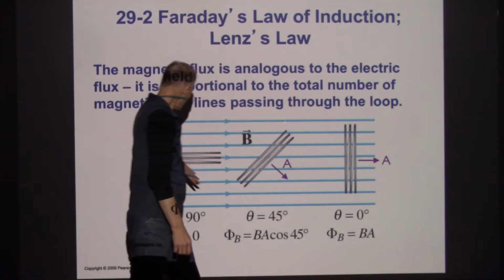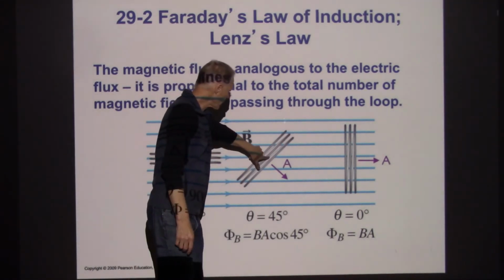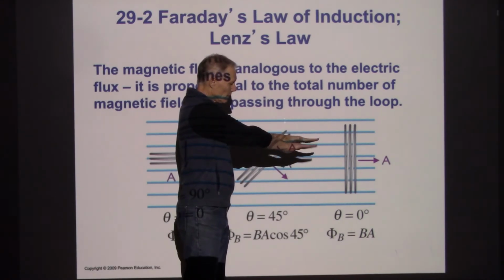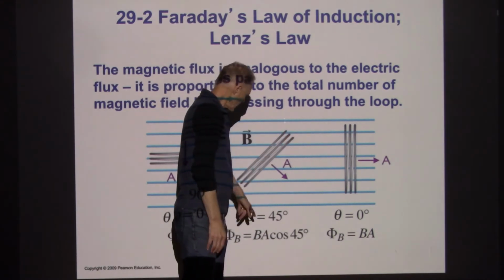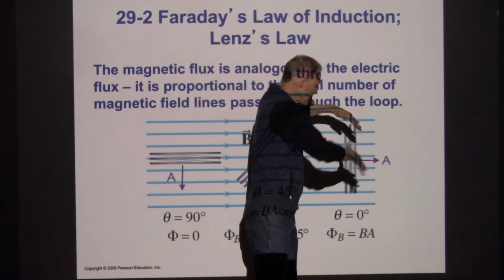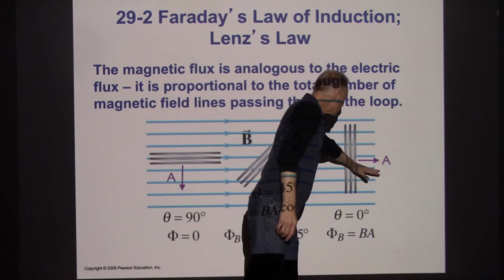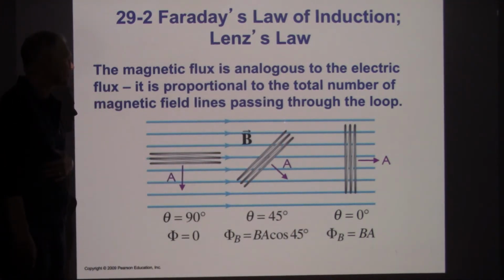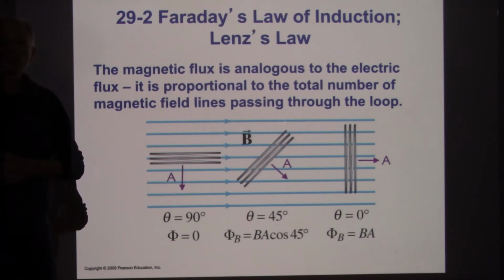Here, we've rotated the coils so that the angle between the magnetic field and the area vector is 45 degrees. So that's going to give us B A cosine 45. And then finally, we've rotated it until the area vector lines right up with the magnetic field direction. There the angle is 0, and that's where we get the maximum flux.